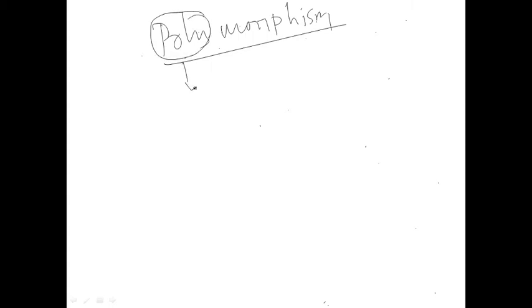What is polymorphism? Polymorphism, the name: poly means many, and morph means form.